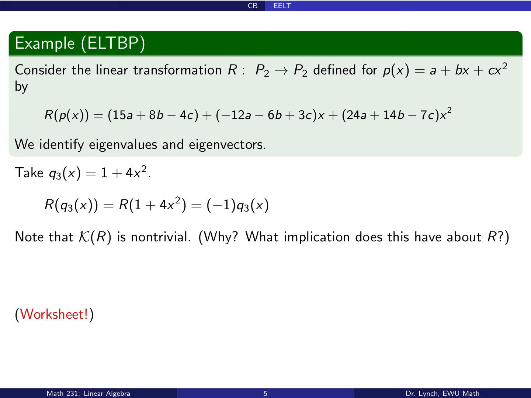Right, there is an element whose image is 0. I'll let you think about what implication this has about R, but one implication is that it cannot be invertible. There's another implication also, and I'll let you think about that, and I'll let you work on this on the worksheet a little bit.